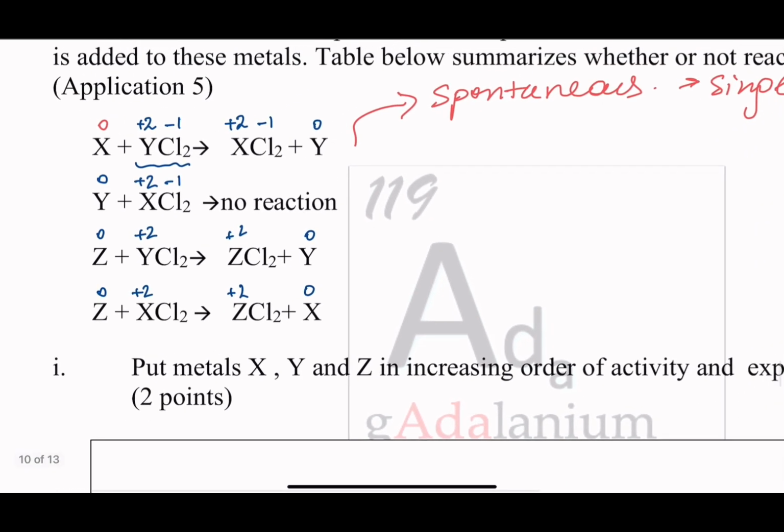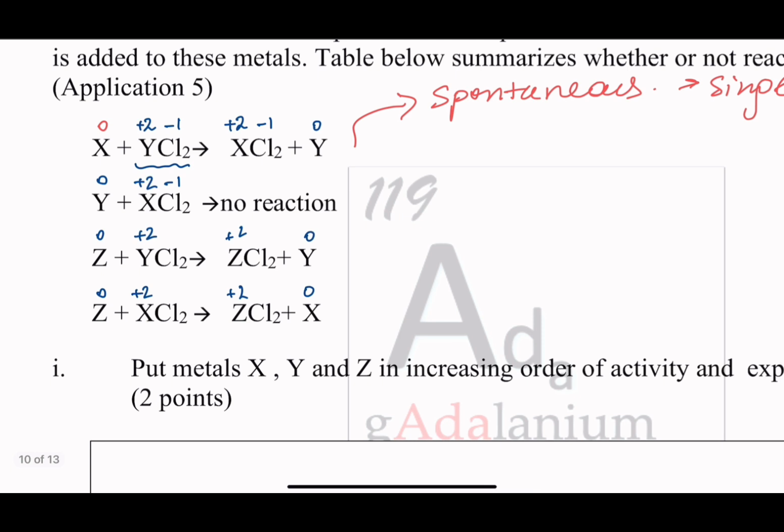Okay, the other form we can write this is that I can write this reaction as x plus y 2+ charge, and then x 2+ charge plus y. Okay, because x kicked out, meaning you can't really write kicking out. I'm just giving you this kick out thing to explain it in an easier way with the metaphor.